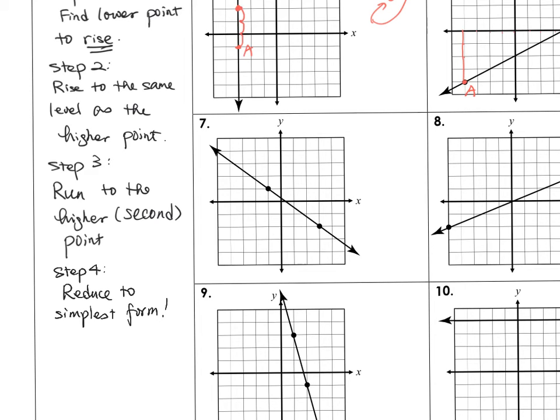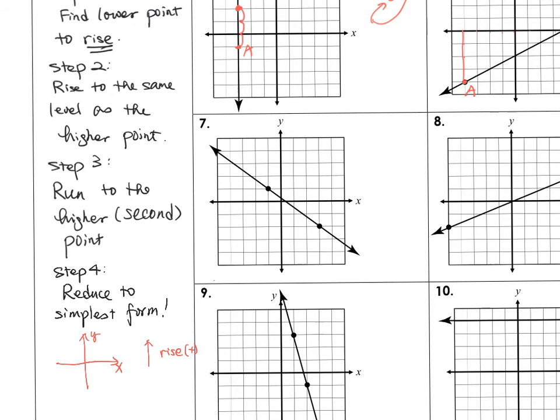Okay, so I want you to pay attention to this as well. When you run, the reason that we pick the lower point is so that when we are going up on the coordinate plane, right? When we go up, rise is always positive.